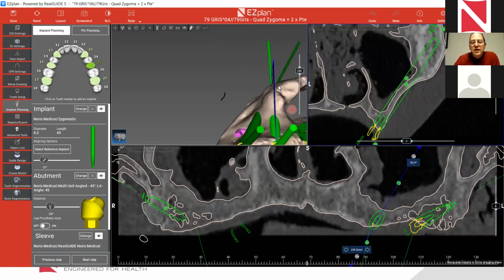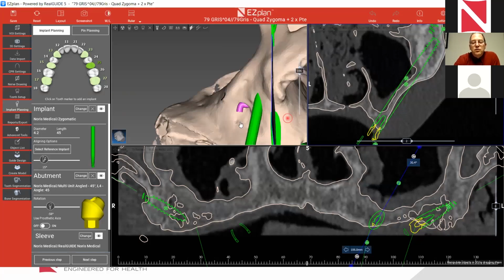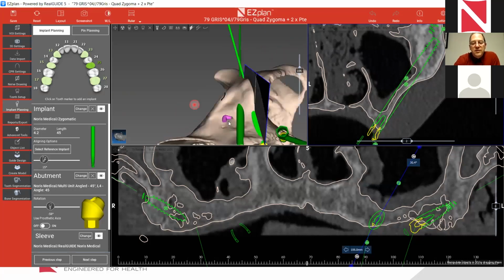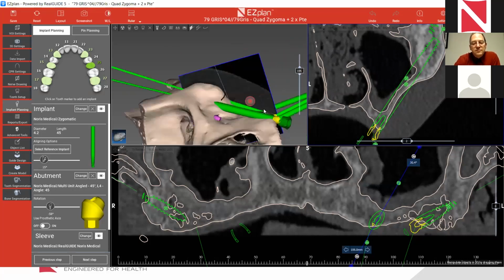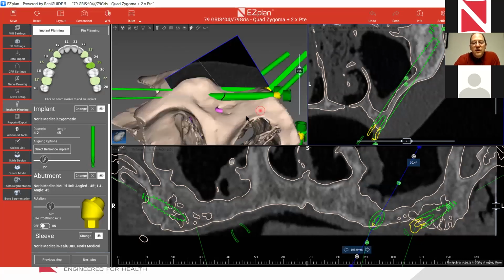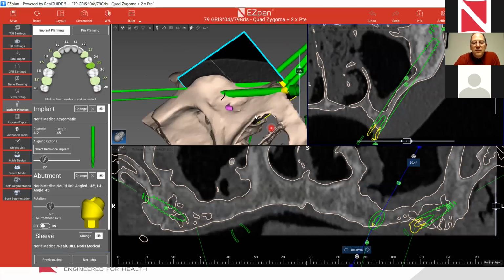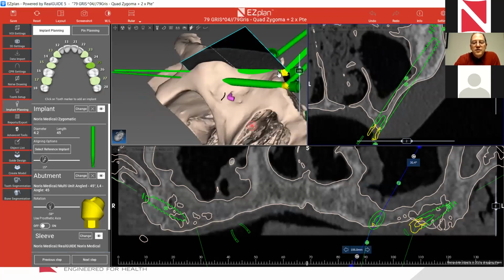But the question is, how do we know if we're actually going to collide with the anterior implant? We can know that if we move our view until we see the implants from this angle. Now they're not parallel. You see, these two lines are not parallel.